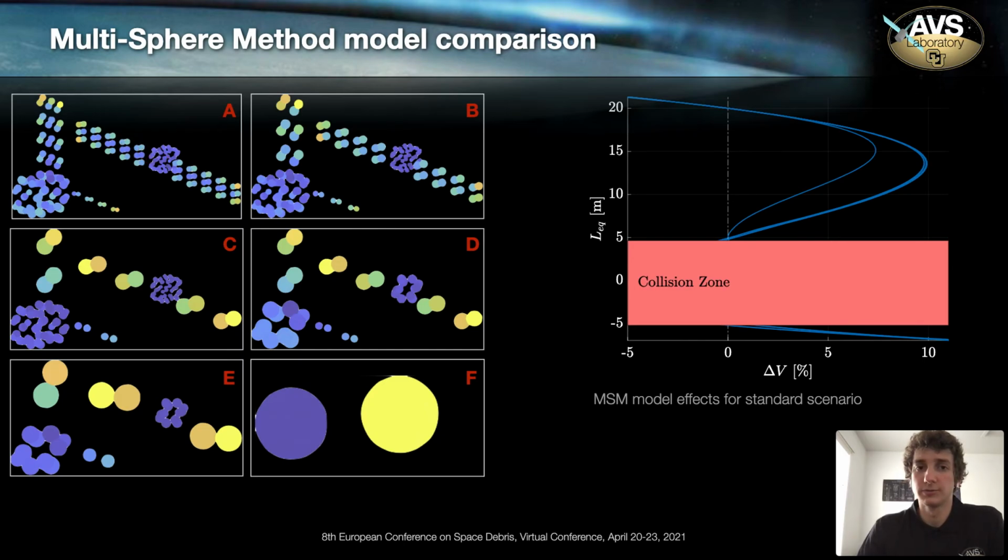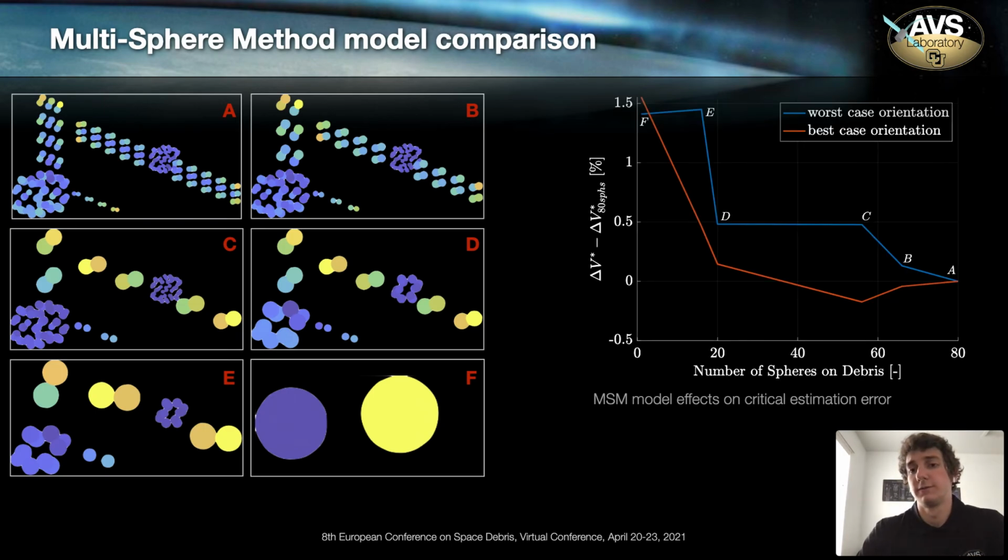But then we also used different MSM models with a smaller number of spheres, and also one configuration, configuration F, which only consists of an effective two-sphere model. On the right-hand side, we can see that only one of these models deviates strongly from the other ones. And this is the two-sphere model, configuration F. But all the other ones are quite similar.